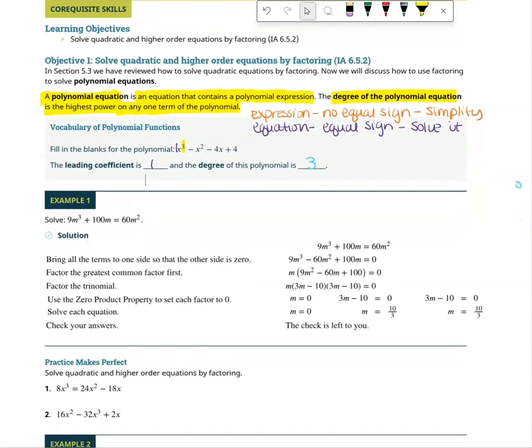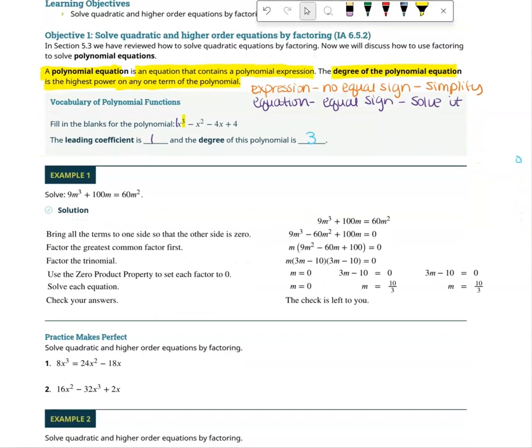Alright, let's work on this problem. When we solve an equation, we always want to get a polynomial in descending order, which means we have our powers stepping down, like 3, 2, 1, 0. Then it equals 0. So for it to equal 0, we're going to have to move the 60m squared over. We have 9m cubed plus 100m equals 60m squared.